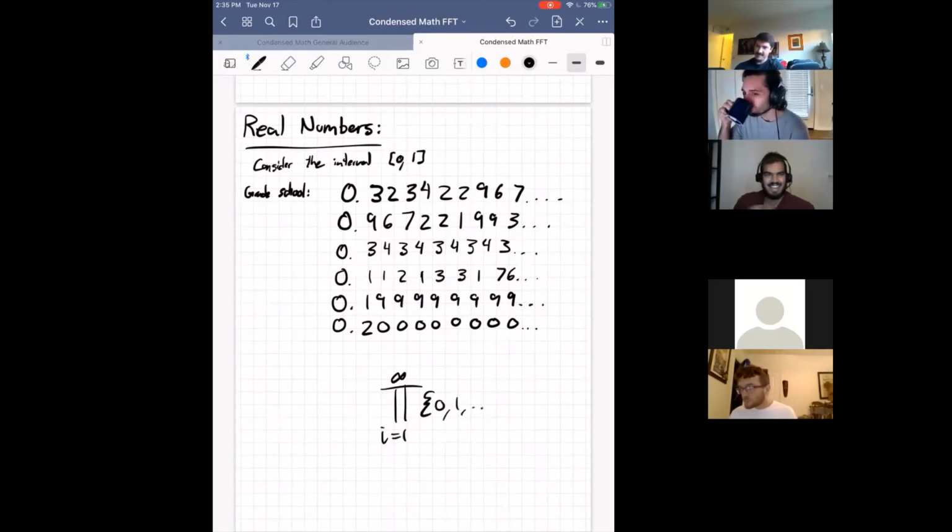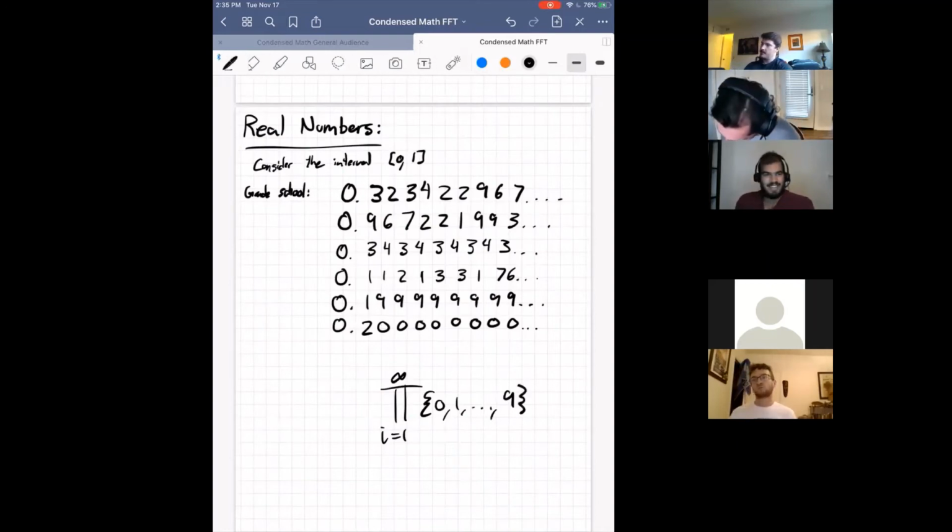Anyways, you have this, and I'm considering 0, 1 here because I want them all to start at the same place, but you can just as easily consider the real line.